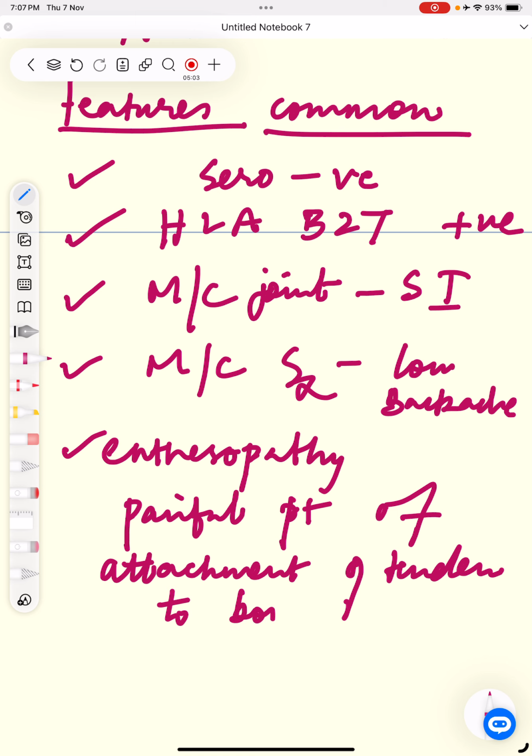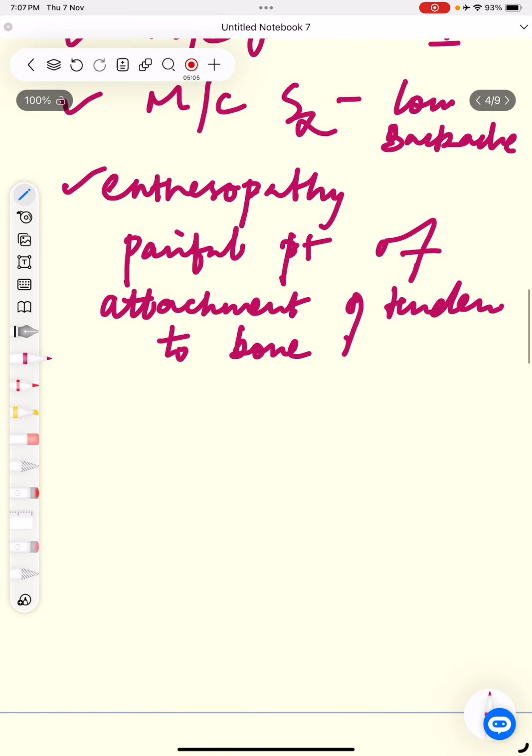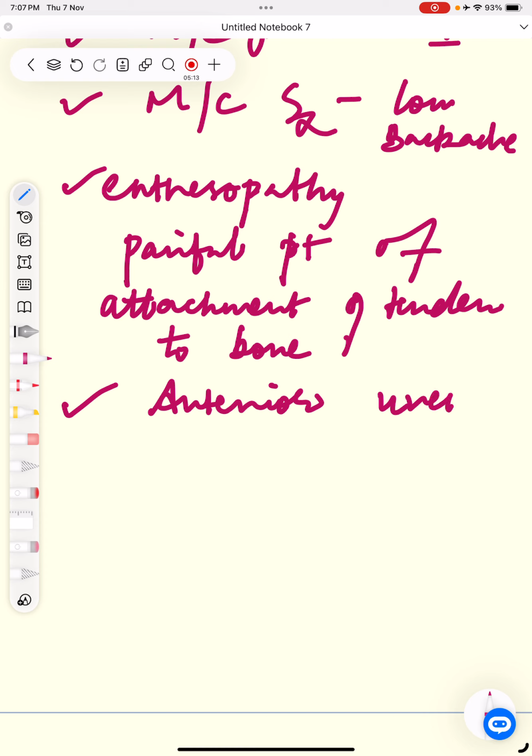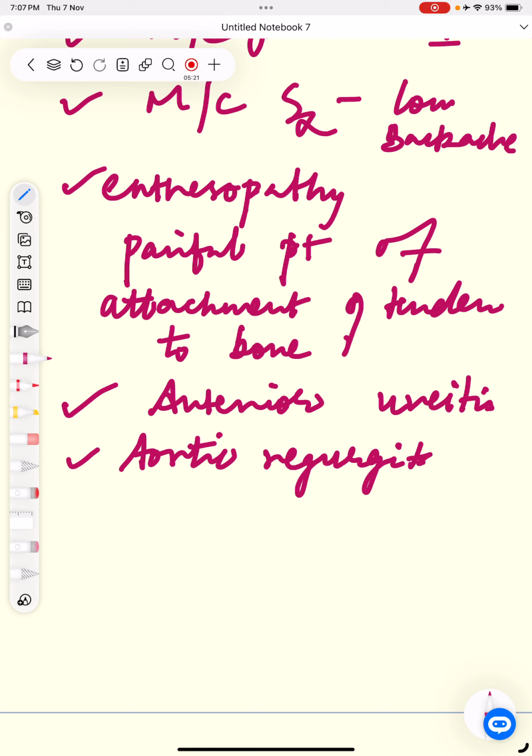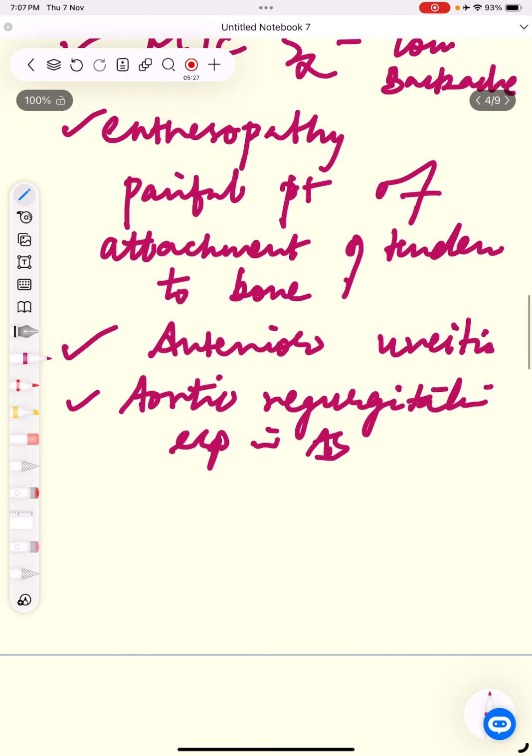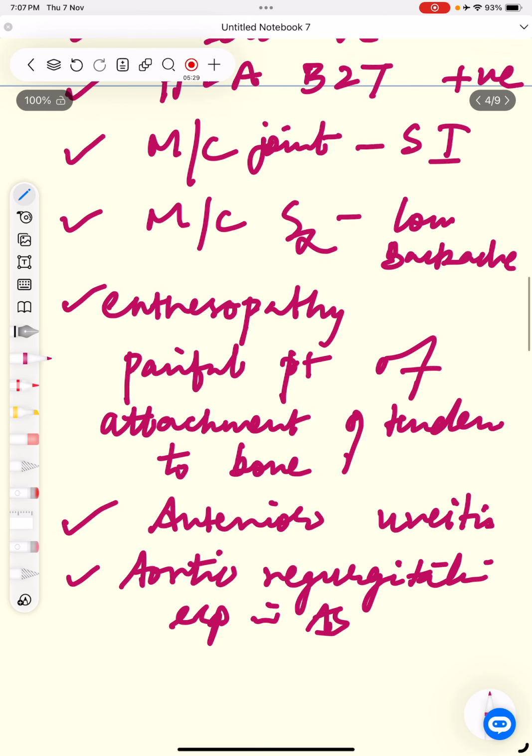So the patient can pinpoint that area which is very painful. All of these can have an associated condition called anterior uveitis, and they can also present with aortic regurgitation, especially in ankylosing spondylitis. So these are some common features which you can see.